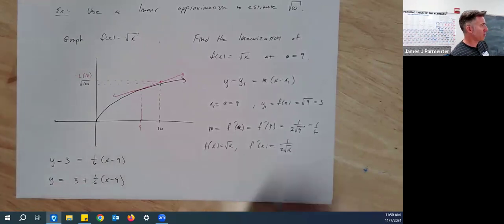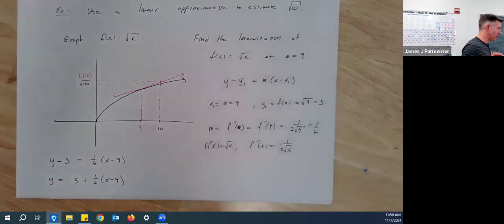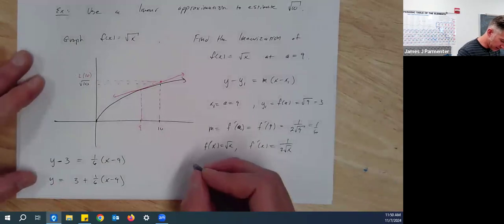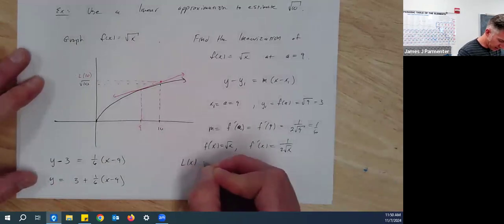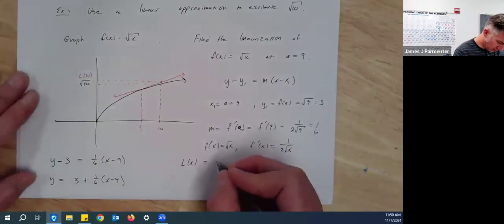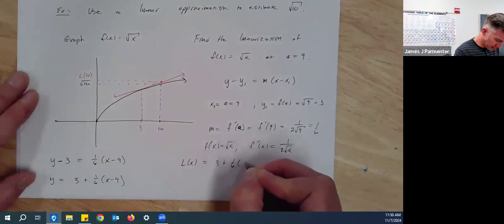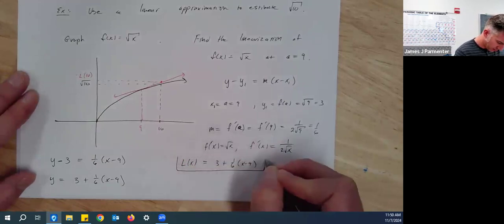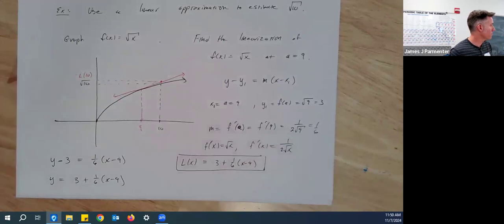We are not going to distribute the 1/6 and add up the terms to get the y-intercept. And this is what we call our linearization. The linearization, again, is really just the equation of the tangent line at a particular point, and it is 3 plus 1/6 times x minus 9.